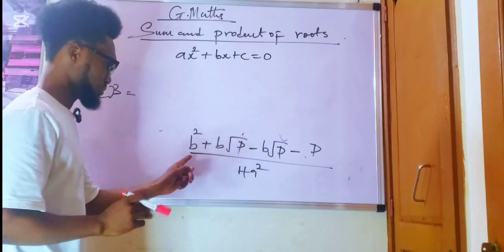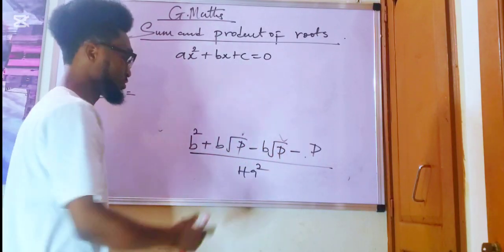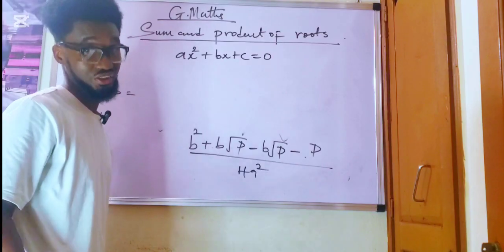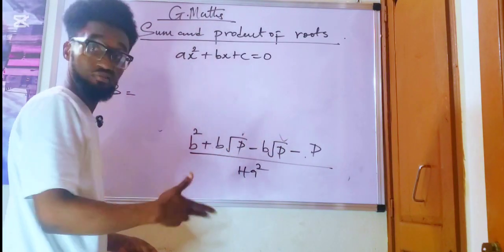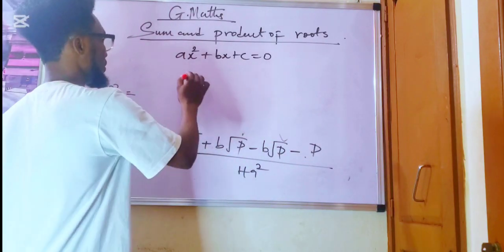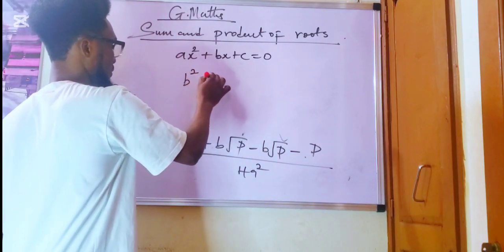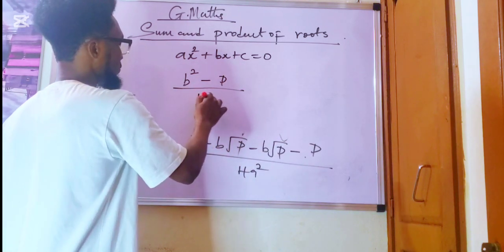When we look at this right now, you see that we have b square root of d here and we have minus b square root of d. Of course, b square root of d minus b square root of d is 0. Okay, so this is 0 already. So what we have left is b squared and minus d, right?